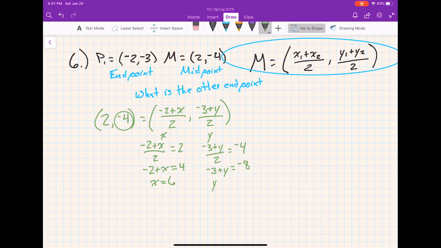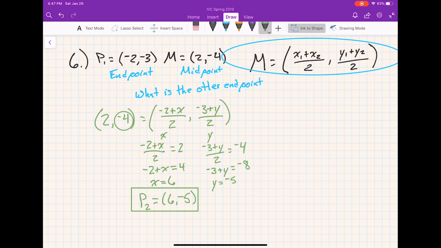So we get y equals -5. There's our y coordinate, or the y part of our ordered pair. So our second endpoint, point 2, is going to be 6, -5. And put that in a nice little box. There you go.